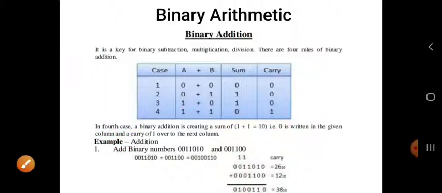So keep in mind, this is the rule for binary addition. In the fourth case, binary addition creates a sum of 1 plus 1 that equals 10. That is, 0 is written in the given column and a carry of 1 over to the next column. Now let us understand it with the following example.